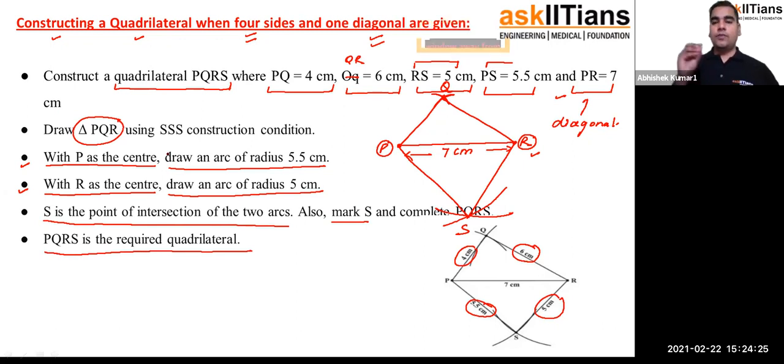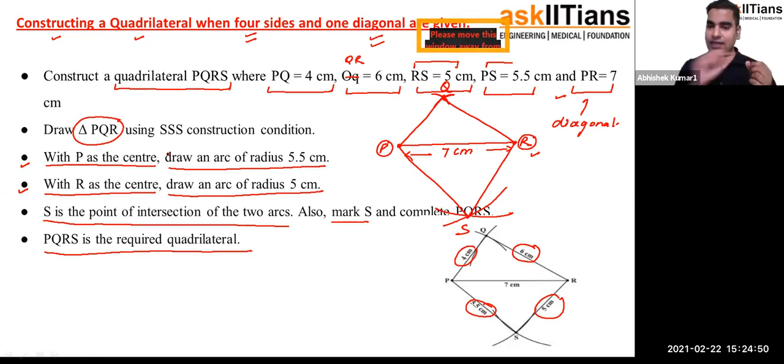Understood? So what we observed in this case is that whenever you have to draw a quadrilateral in which you are provided four sides and one diagonal, we know that a diagonal of a quadrilateral divides it into two triangles.